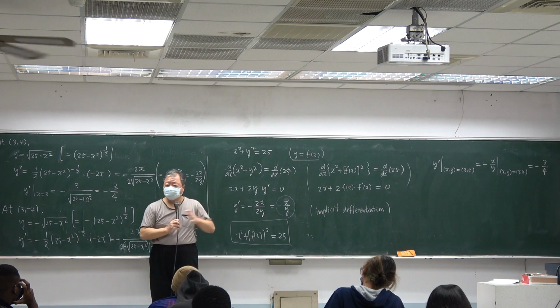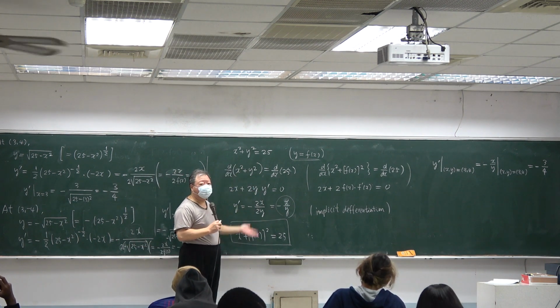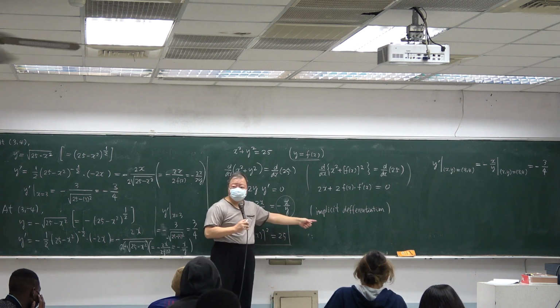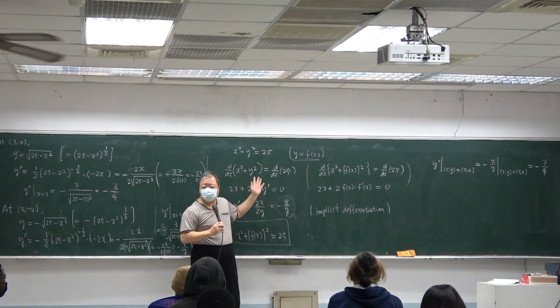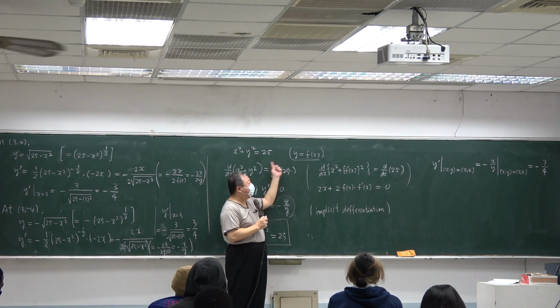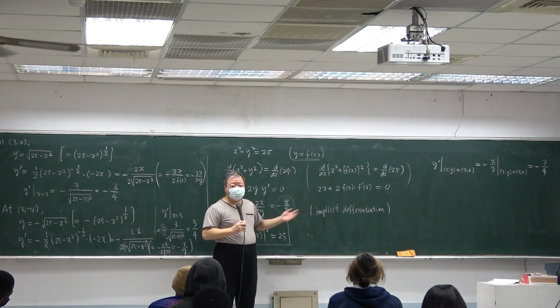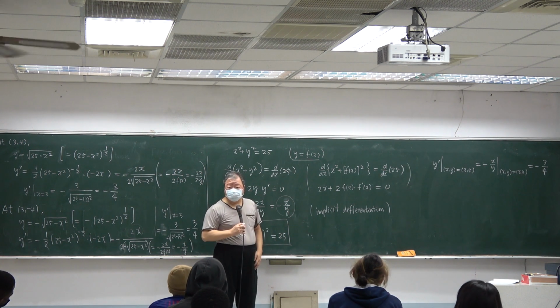We don't need to solve this. This procedure is called implicit differentiation. We don't need to solve y in terms of x explicitly. We just keep in mind that here y is a function of x. That's enough. Then apply the chain rule.